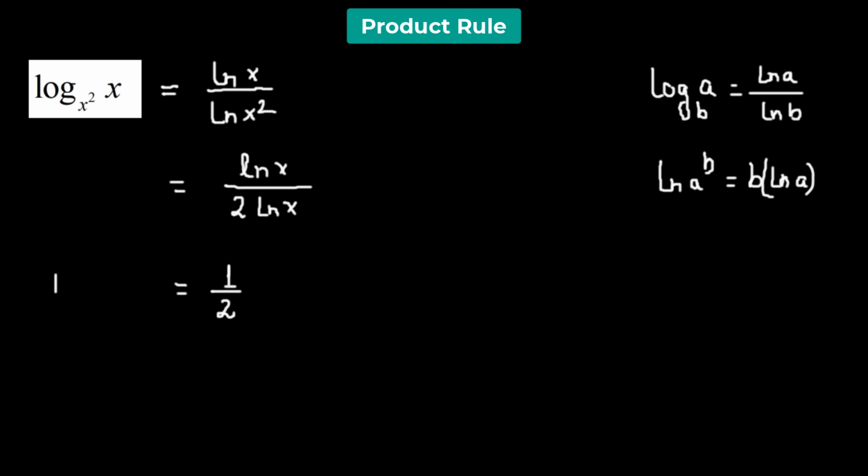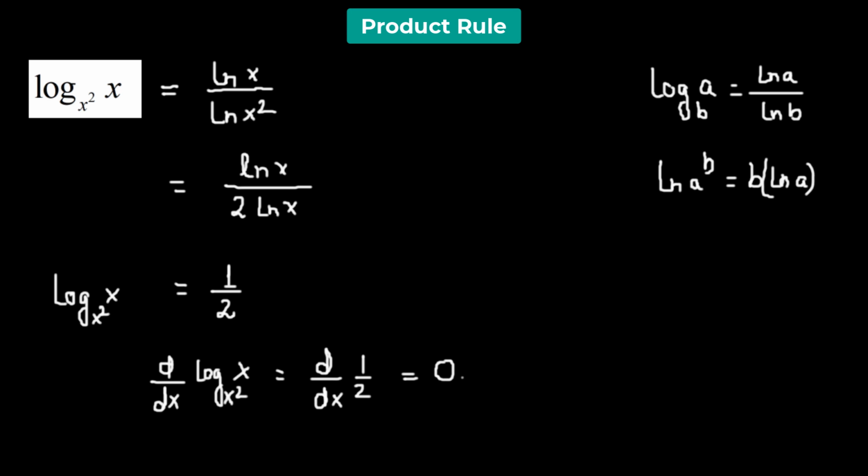So we say that the log of x with the base x squared is actually equal to half. So the derivative of log of x with base x squared is the same as the derivative of half. Now half being a constant, the value will simply be equal to 0.